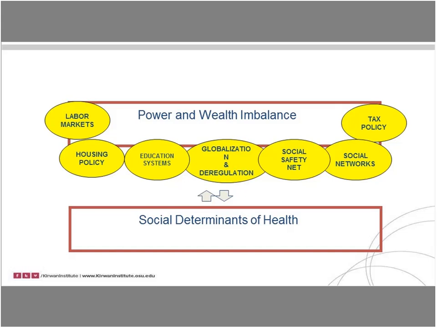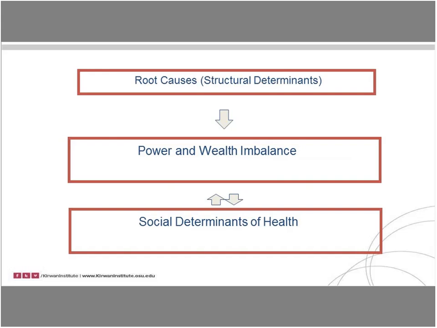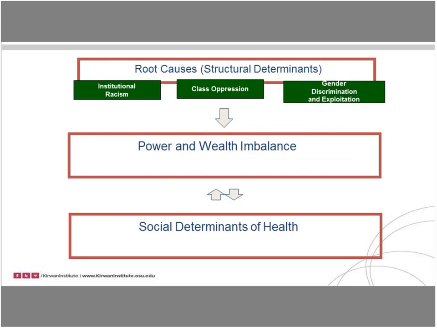And what if these power and wealth imbalances were created because of root causes? That goes back to our original point of structural determinants. When we're thinking about structural determinants, we're thinking about root causes that have deleterious consequences, and they create the conditions that we see today. So we have institutional racism, class oppression, and gender discrimination and exploitation, and those create the imbalances that we see today.